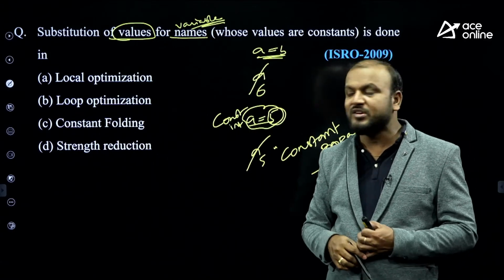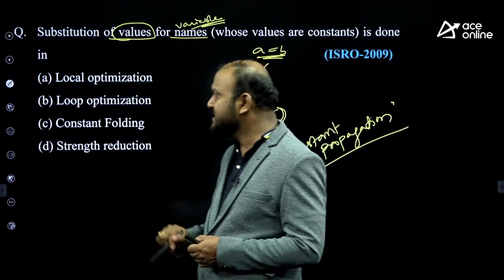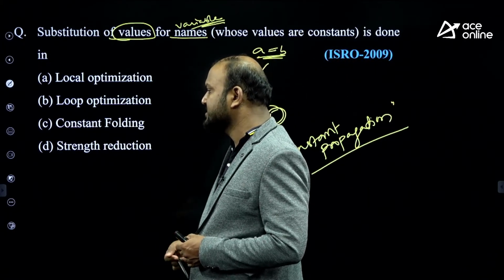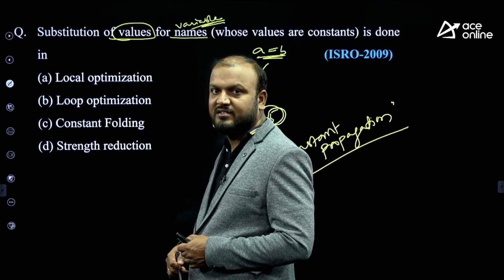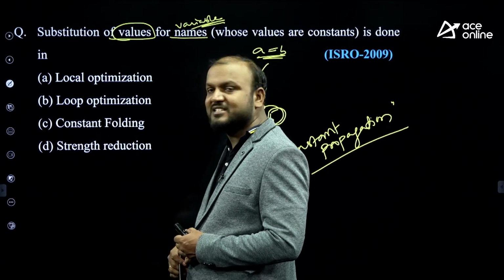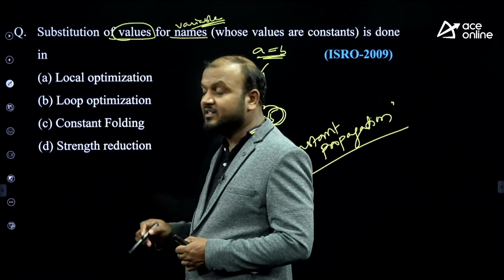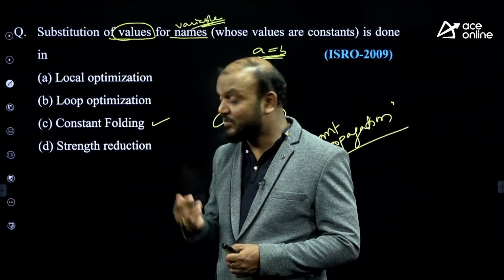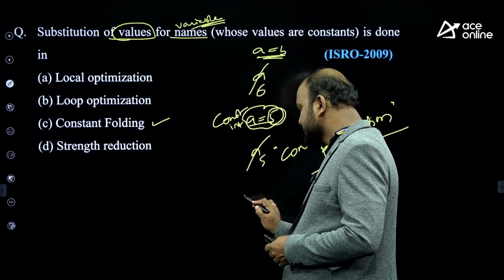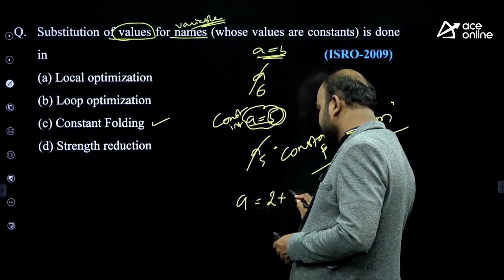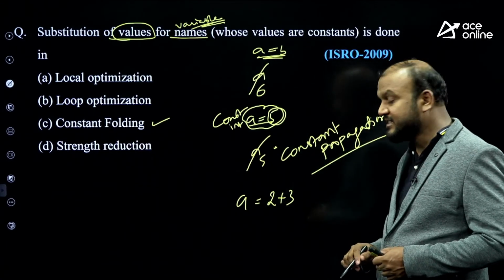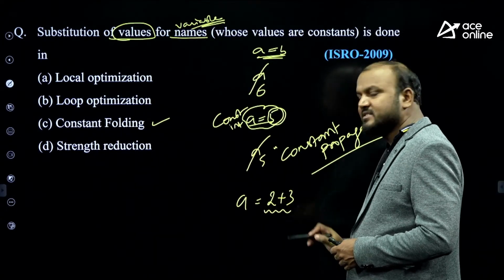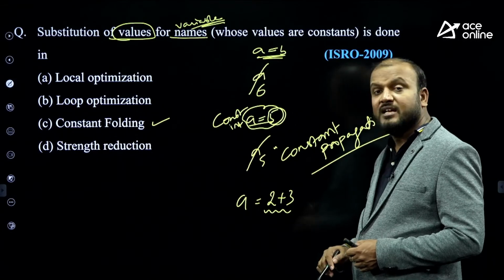Do you have this option in the previous ISRO question? Constant propagation? Local optimization, loop optimization, constant folding, strength reduction. We don't have constant propagation, but in the key it is given as constant folding. But what is the meaning of constant folding? Suppose A equal to 2 plus 3. Constant folding is nothing but, this is a constant expression, 2 plus 3.